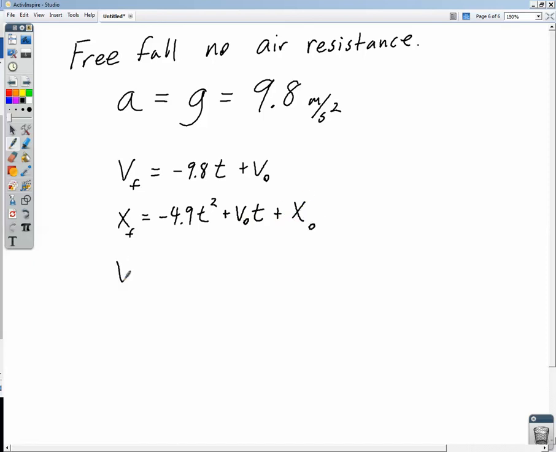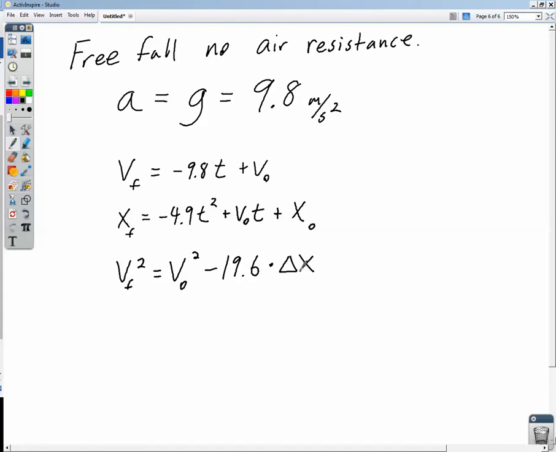And the final one becomes v final squared is equal to v naught squared minus 2 times 9.8, which is going to be 19.6, and the negatives, again, are coming from negative 9.8, times delta x here.